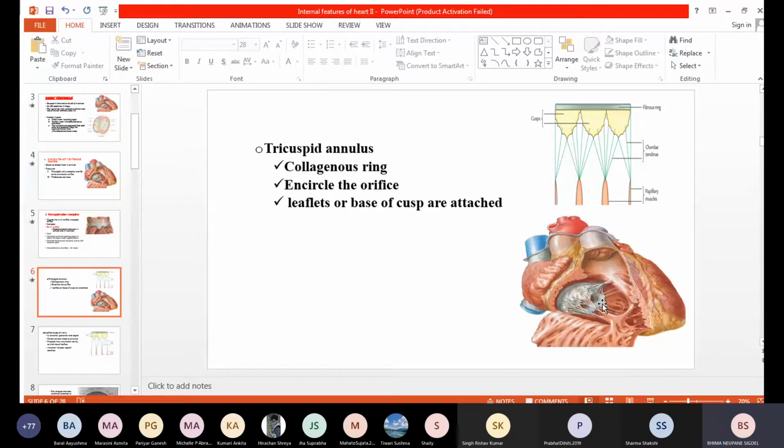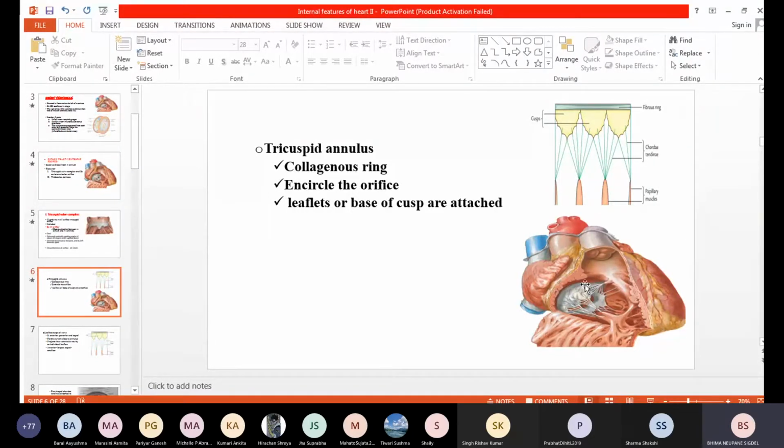And here you can see there are three leaflets, the cusps of the tricuspid valve complex. Here you can also see a wide and thin area, so the cusp has two regions. Towards the ventricle you can see it narrow, and the base is attached to the tricuspid annulus.